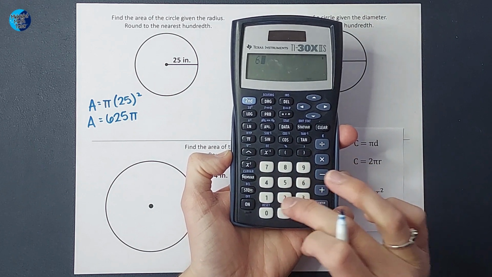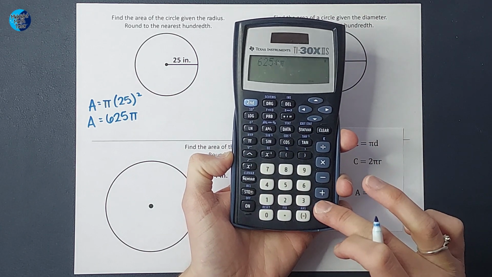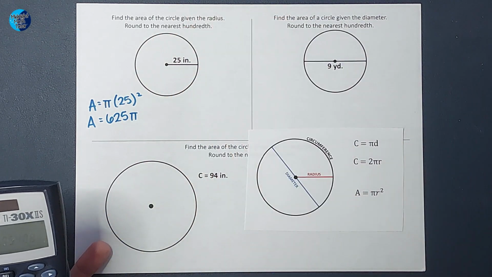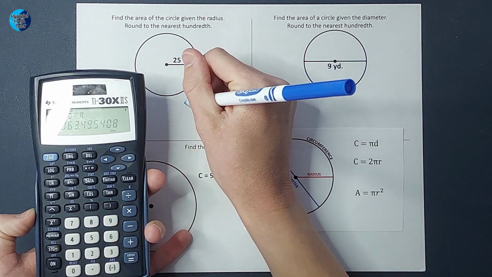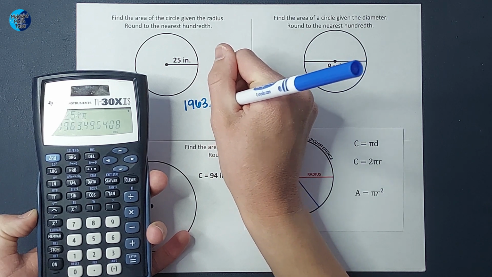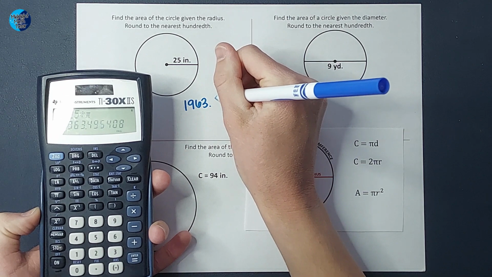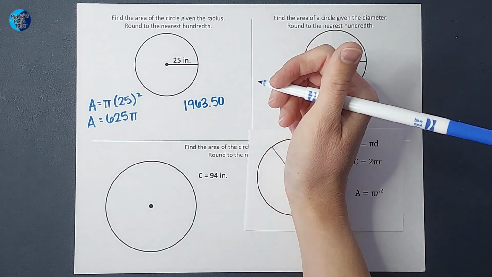So I'm going to do 625 times pi, and that equals, again, we've been asked to round to the nearest hundredth, which is 2 places behind the decimal. So I get 1963.495. So that is going to round up to 0.50, or I could have just written 0.5.